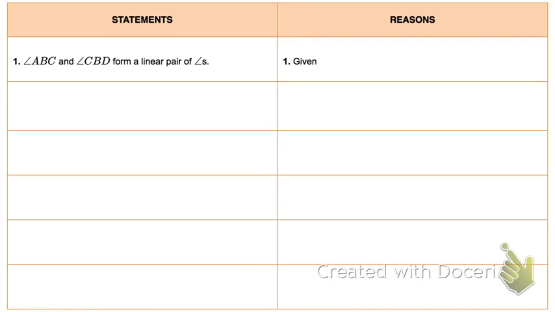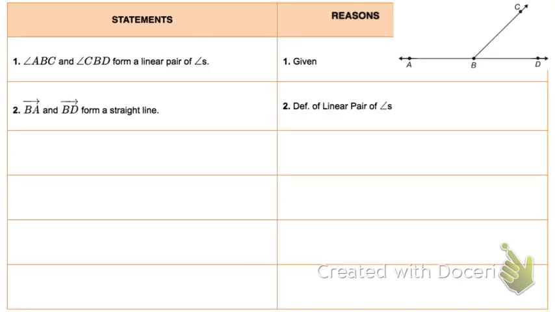You can use that as a reference. You can use that on assignments and on tests, but you need to know where to look in it to find different pieces of information. So they're telling us these are linear pairs. What does that mean? So let me see. Here we go.